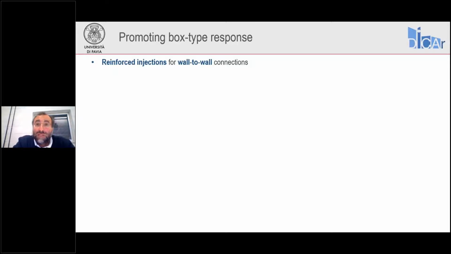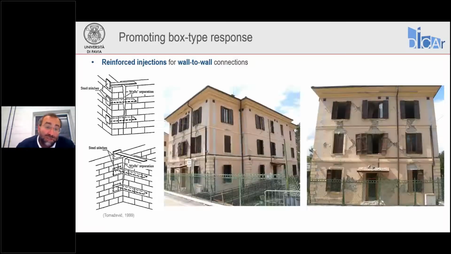If the construction details adopted at the time of construction are not sufficient to ensure a proper connection between the two walls, then we may provide, for example, reinforced injections. Now, this technique basically consists of stitches inserted within holes at the intersection.